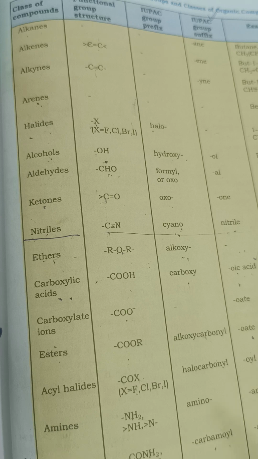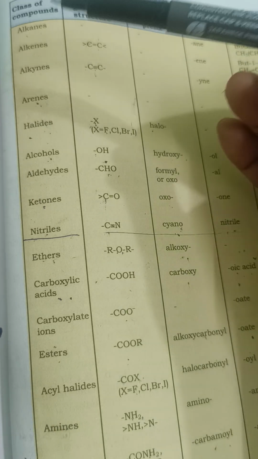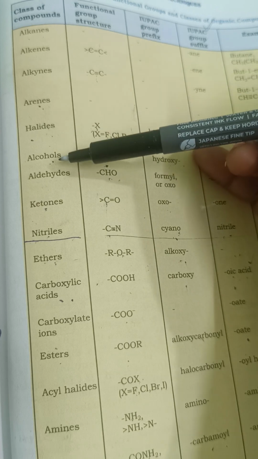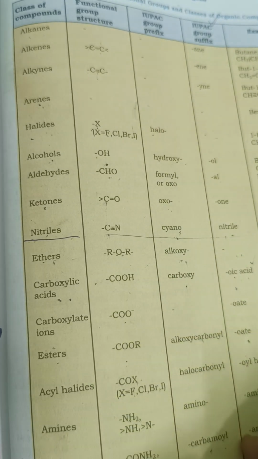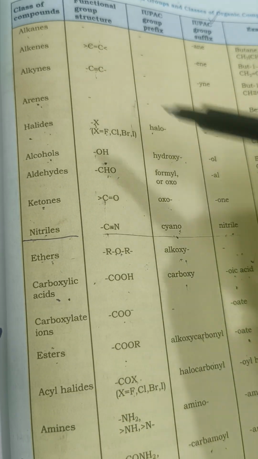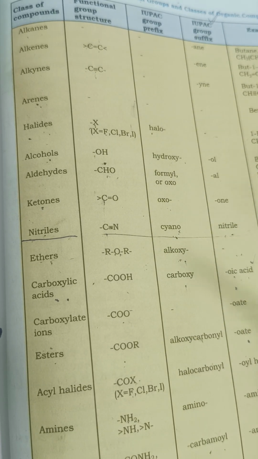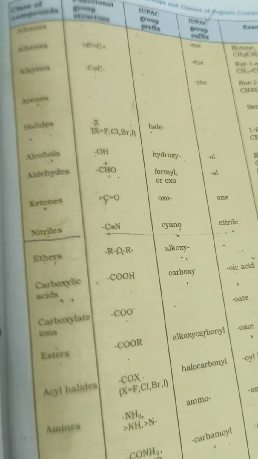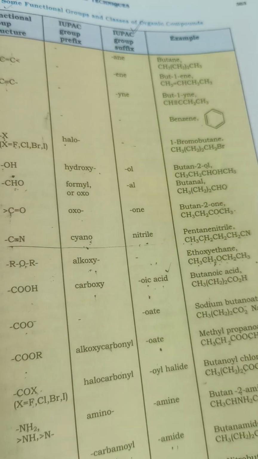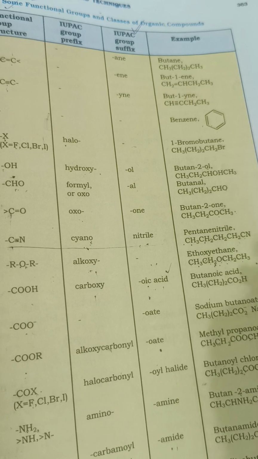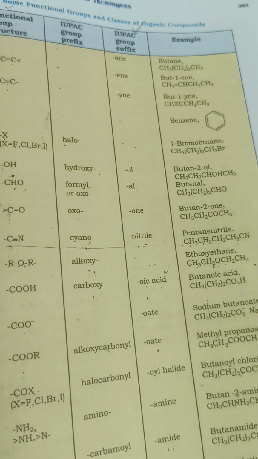I have explained all the functional group structures, prefixes and suffixes. In the next class we will deal with all these examples. Thank you, dear students.